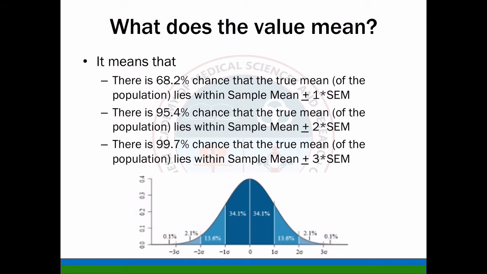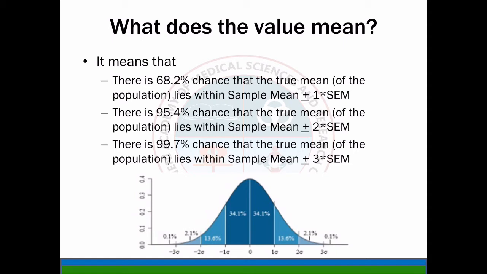What does that mean? It means that there is a 68.2% chance that the true mean of the population lies within the sample mean plus or minus 1 times the standard error of mean. If you multiply by 2 times the standard error of mean, the chance of the true mean lying within that is 95.4%.